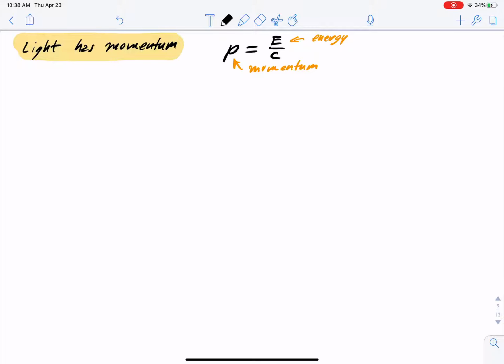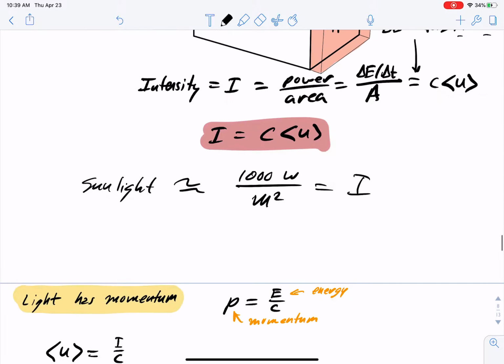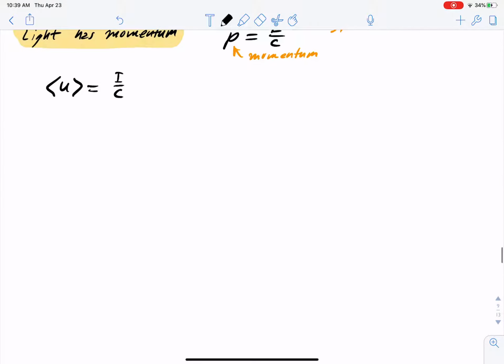Now consider this. What was this average energy density? Well, that was the intensity divided by the speed of light. We kind of just undid this result.